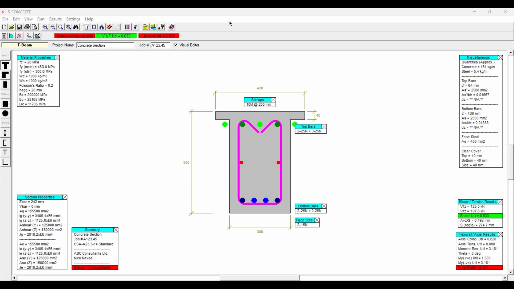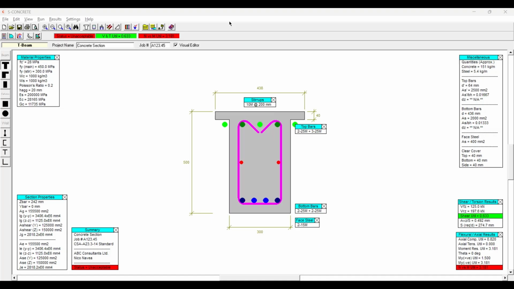Number two is the P-M interaction, moment capacity curve. The P-M interaction diagram generated by this software illustrates the relationship between the beam's axial load capacity and bending moment capacity. The applied design point must lie within the interaction envelope to satisfy the strength requirements of the code.